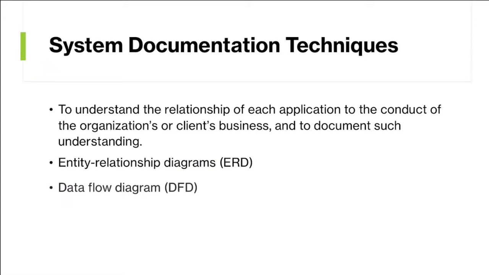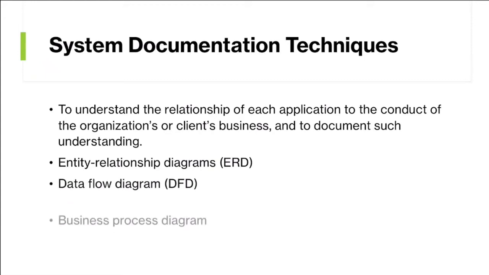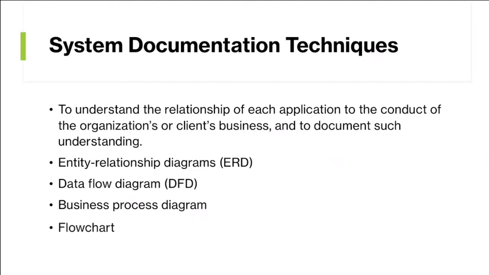So we can use entity relationship diagrams, data flow diagrams, business flow diagrams, and flowcharts. Depending on the decision of the audit team, they can use multiple types to document a single process or data flow. Usually what's used are data flow diagrams and business process diagrams.